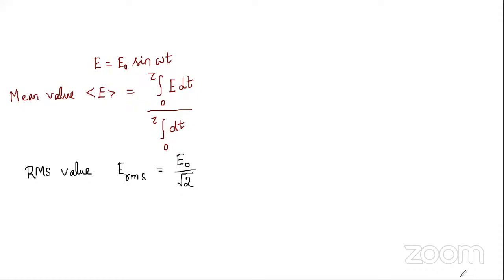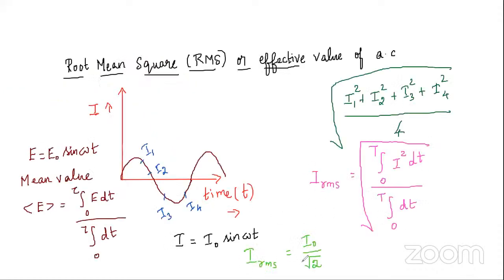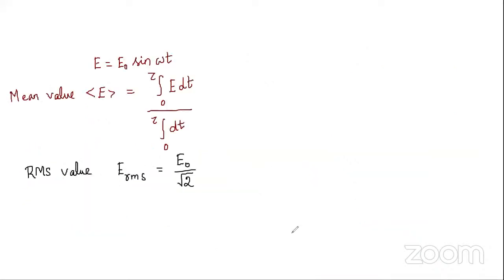This expression is similar to this one. Here I RMS equal to I naught by root 2, right? So it is exactly similar, and here E RMS equal to E naught by root 2.